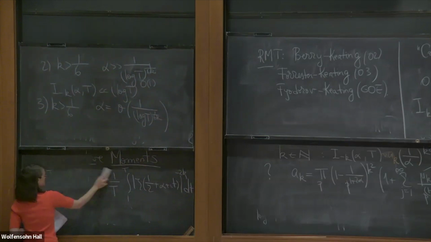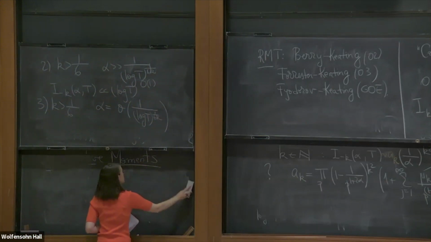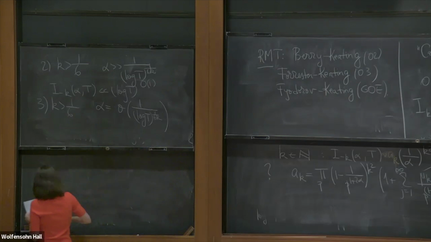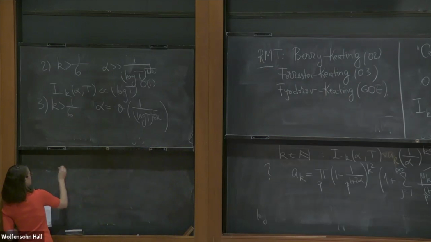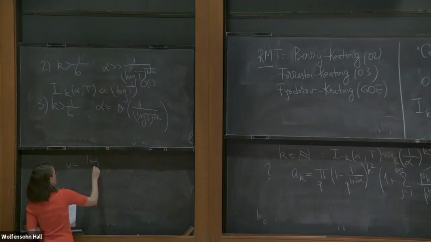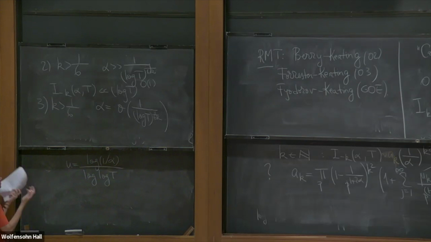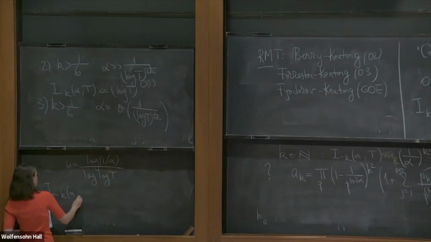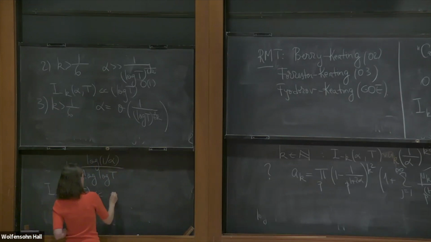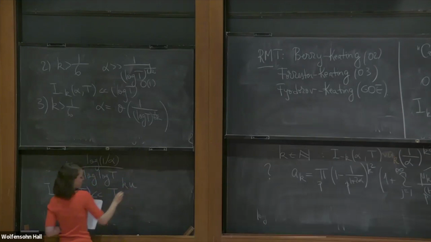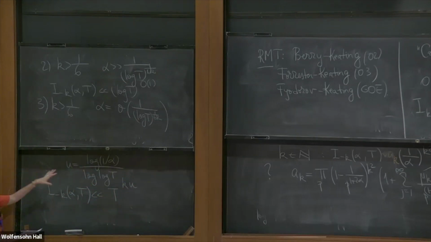So we get the following. Let me denote by u the quantity log of 1 over alpha, over log t. You can maybe think of this as a constant. If you are to use some pointwise bound for the zeta function, you would get that I_{-k}(alpha, t) is bounded by t to the ku. Now what we do is we shave off a little bit from this trivial bound.